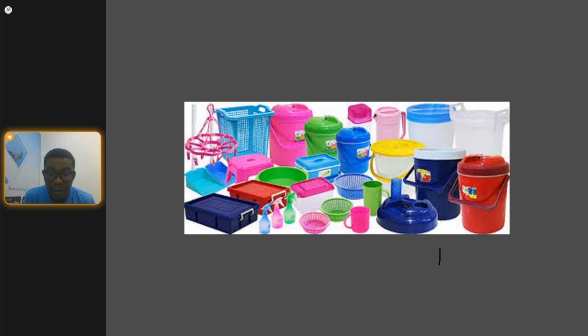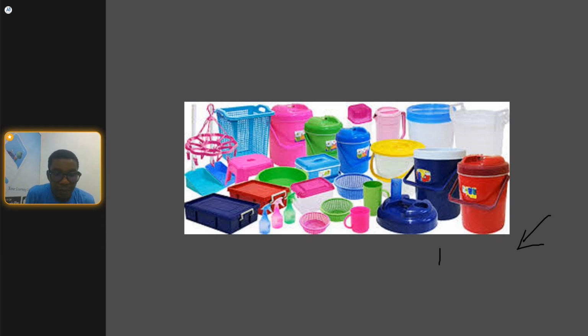If I compress this bucket, it's going to deform. And when I remove my hand, I'm no more applying force. I'm expecting it to come back to its shape, but it will not. It will remain like that, because it's a plastic. But if it is an elastic, it will come back to its shape again.